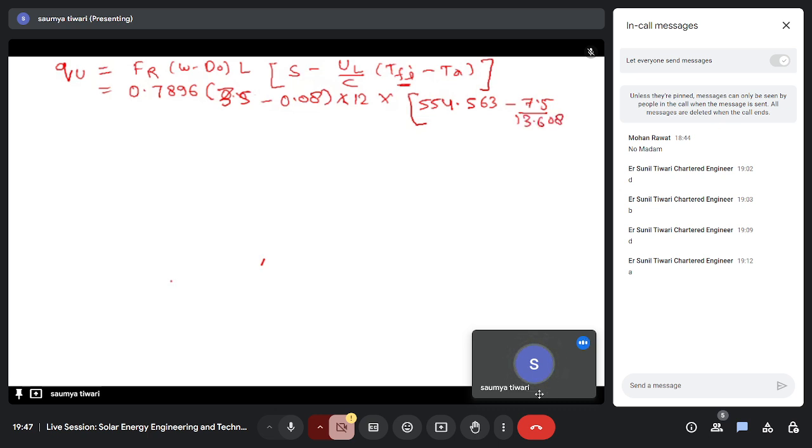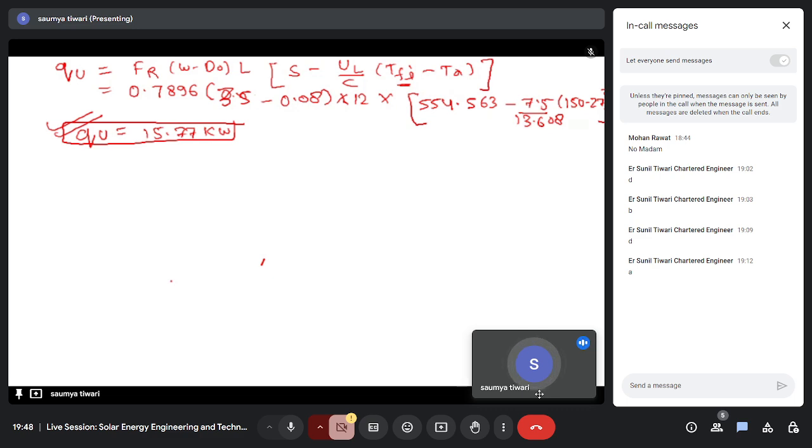Your fluid inlet temperature was 150, ambient was 27. If you solve this, your Q useful will come to be 15.777 in kilowatt.